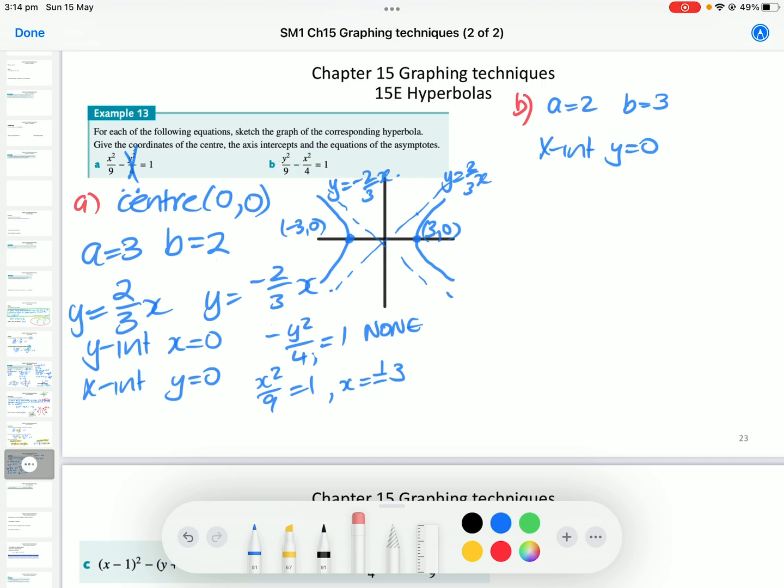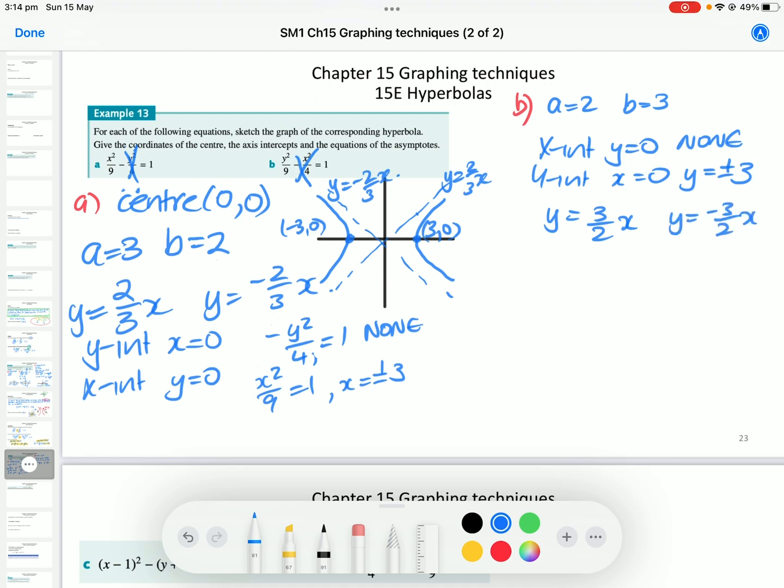Well, that's when we're going to get the minus x squared on 4 equals 1. So that's not going to work, so there's none. And the y-intercept, x equals 0. So when we do x is 0, we're going to get y squared on 9 equals 1. So y squared equals 9, y equals plus or minus 3. And the asymptotes are going to be at 3 over 2x and minus 3 on 2x. Let's do it.